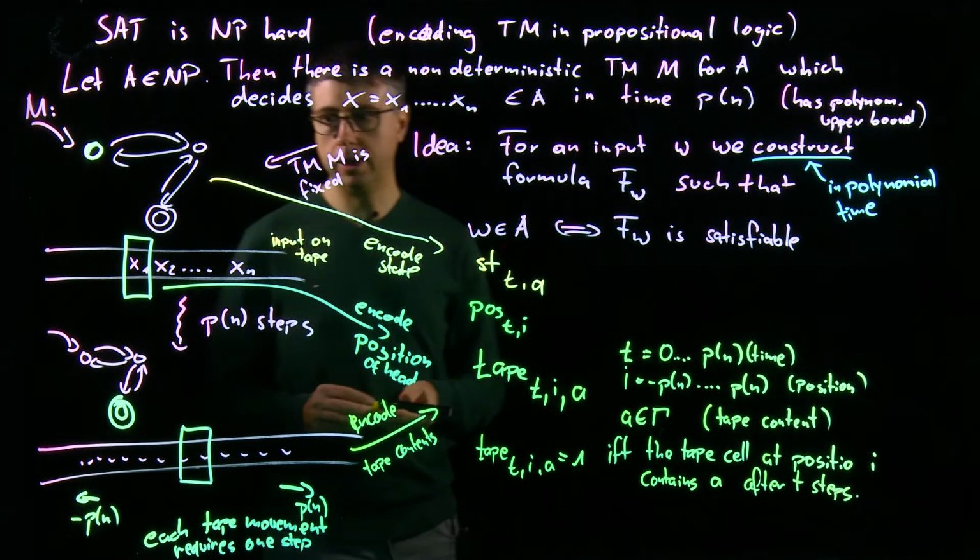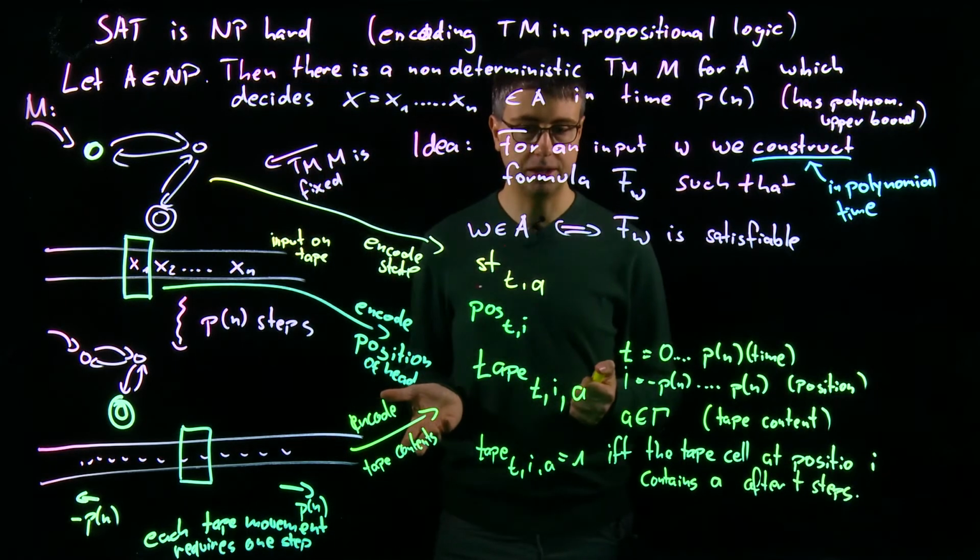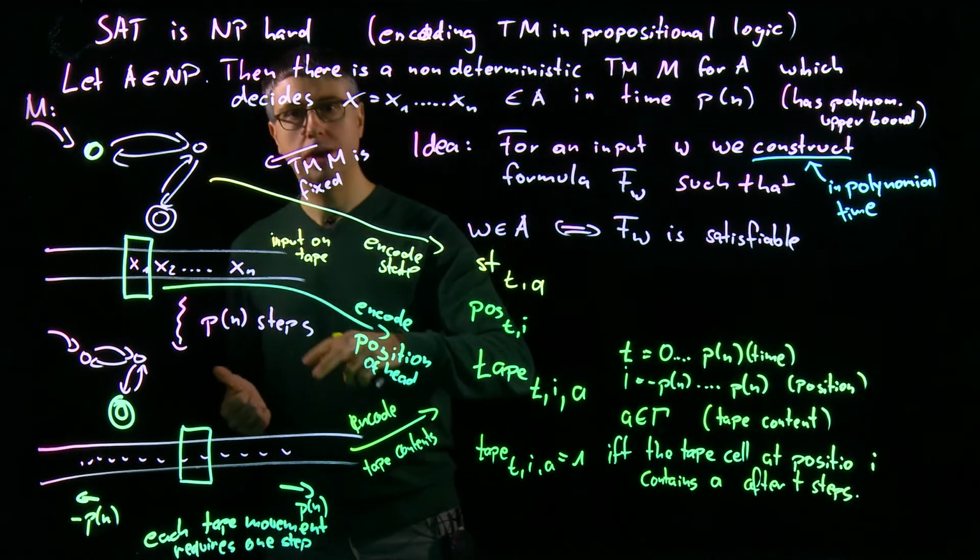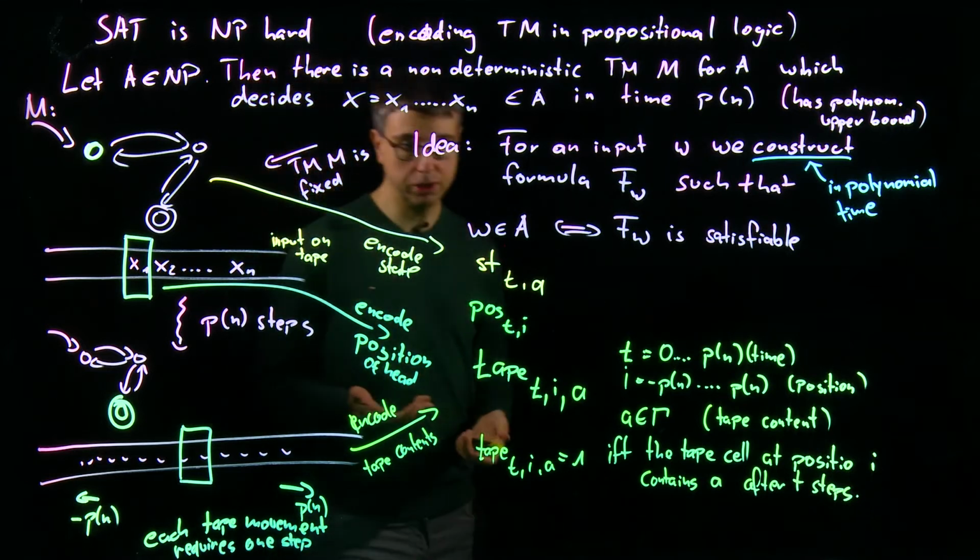So now we have fixed the variables that we'll use in our formula, and now we have to encode the actual behavior of the Turing machine in the next step.